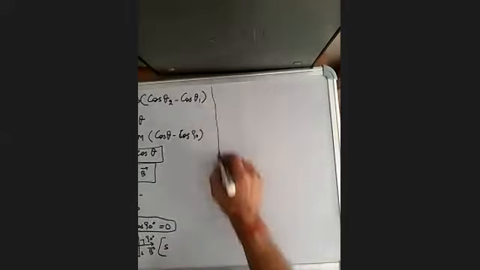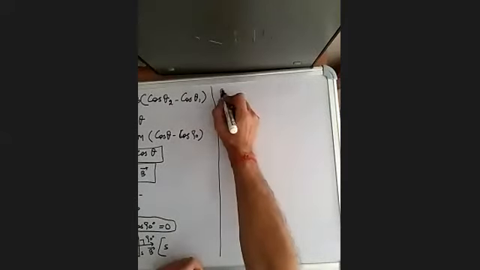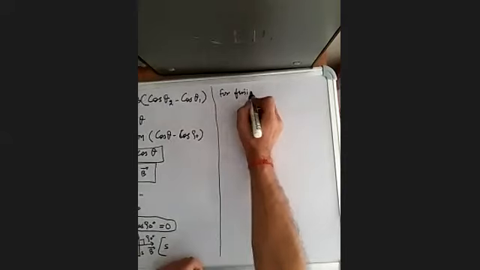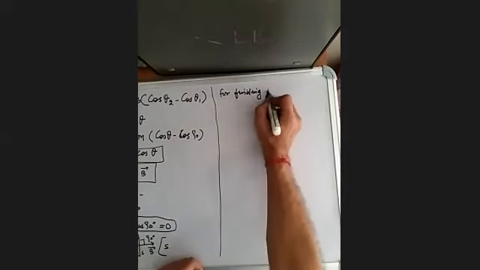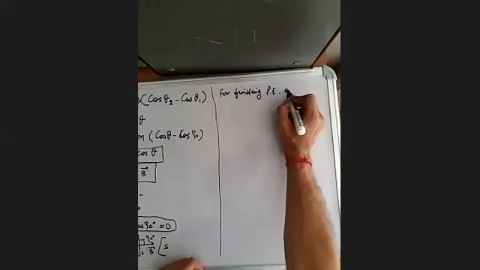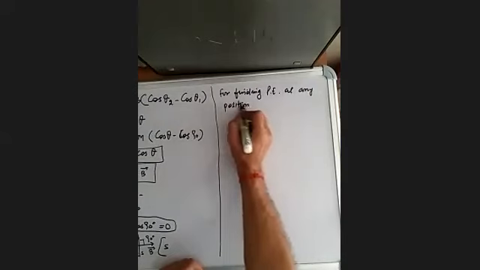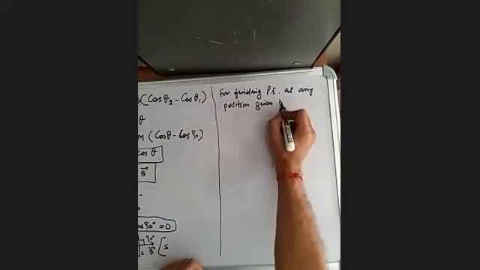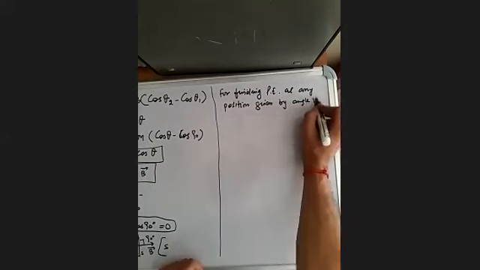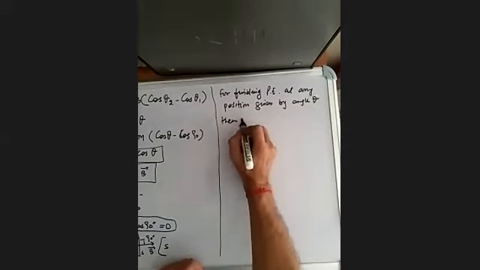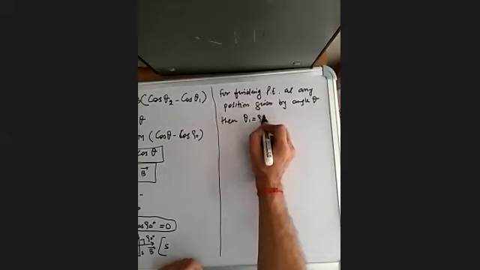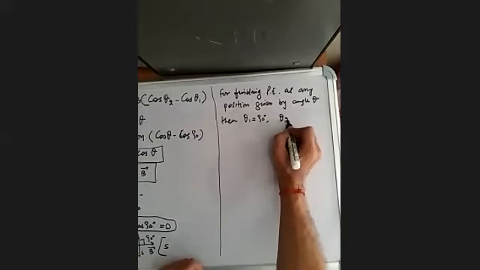So whenever we have to find out the potential energy of a dipole at any position given by angle theta, then theta 1 is taken as 90 degree, and theta 2, that is the final position, is taken as the angle theta, where we want to find out the potential energy.